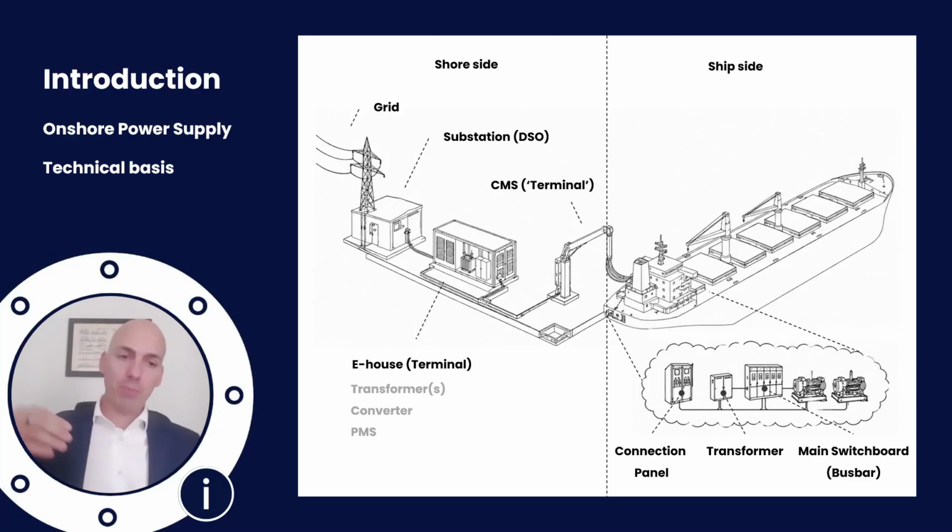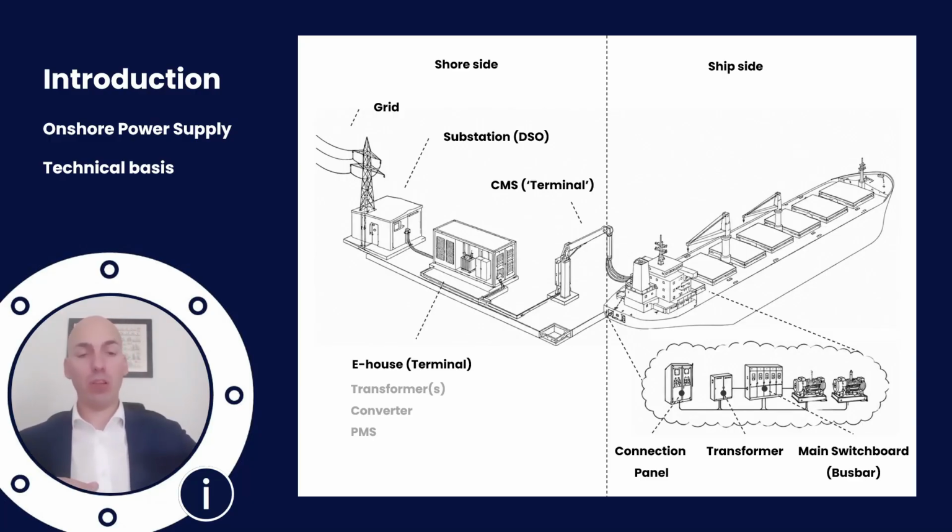So power is coming in, goes to the main switchboard, and once we have the ship connected, the auxiliary engines are typically still running, or you have to do a blackout, but typically we like synchronization. So power is slowly coming online, the auxiliary engines are still running, the main switchboard and the power management system notice it, so it slows down, reduces power produced by the engines, maybe shuts one off, then the second one.